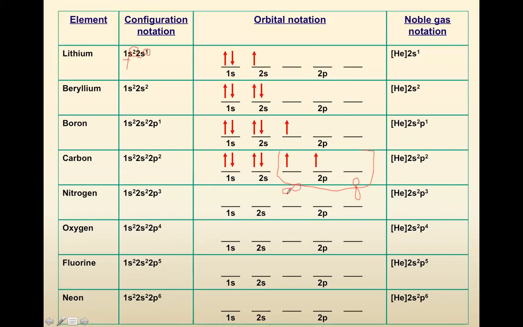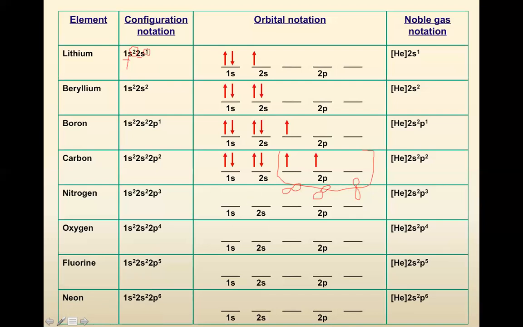Okay, so what happens, these p orbitals have the same energy. What I mean by that is they're all at exactly the same energy. It doesn't matter which one these electrons get to sit in, and they are negative, so they don't want to be in the same energy orbital if they don't have to be. And so they're going to get their own stall until there's no more room.